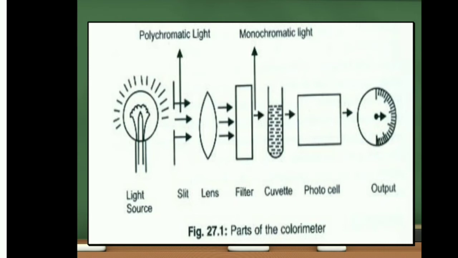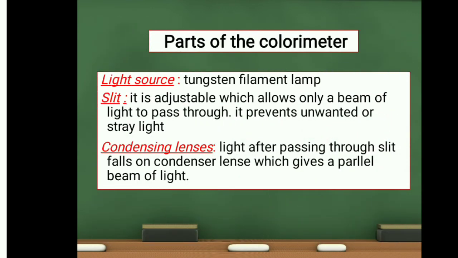Then a cuvette containing a sample is placed. The monochromatic light will pass through it. Then a photocell will detect the amount of light energy entering and convert it into electrical energy. The output is measured by a galvanometer.